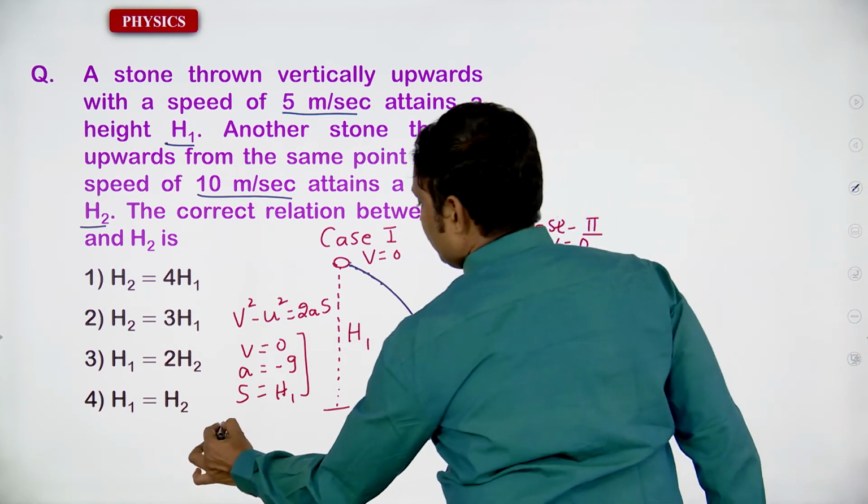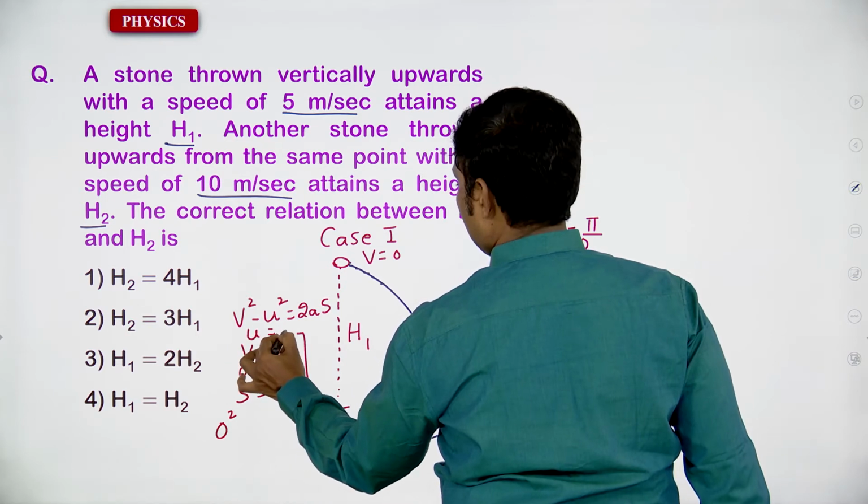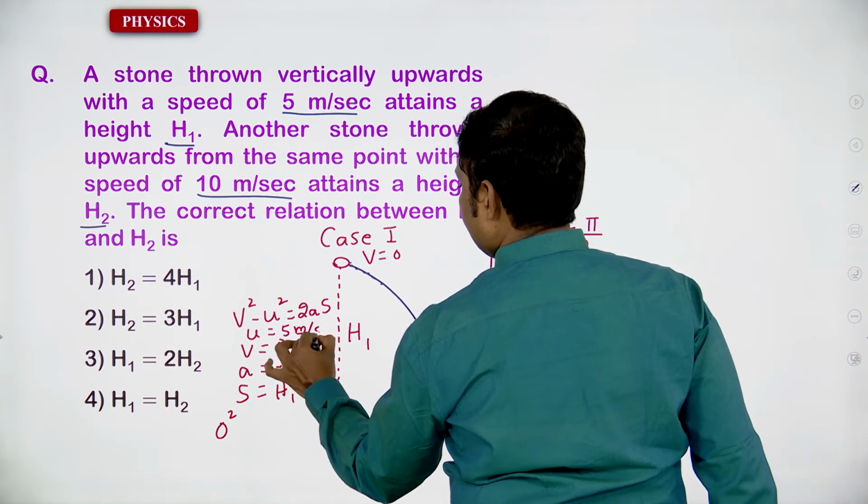Substituting, 0 square, and u is equal to 5 meter per second.